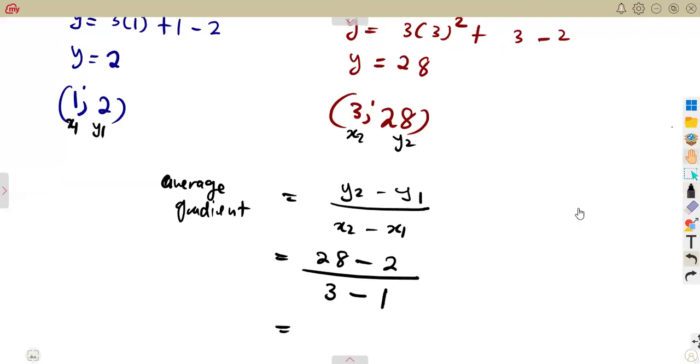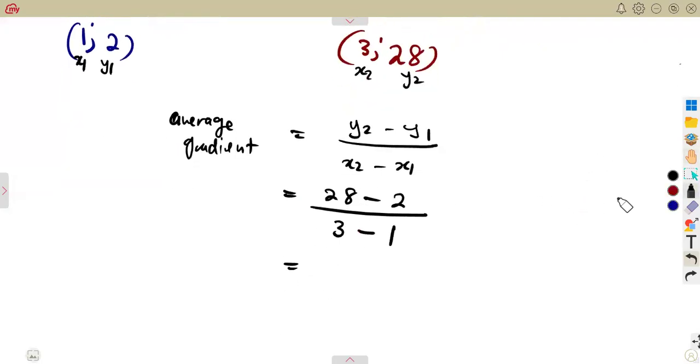So we can just simplify this from our calculator, or you can subtract this. That's a 26, and this is a 2. So meaning to say there, we are going to have a 13. So the average gradient is going to be equal to 13 for this function.